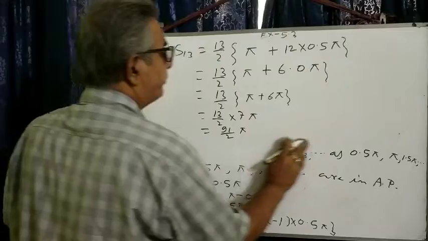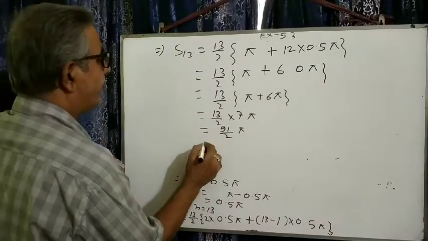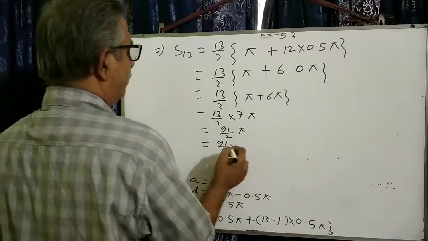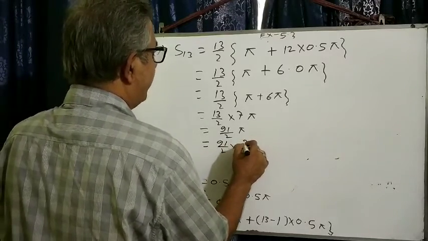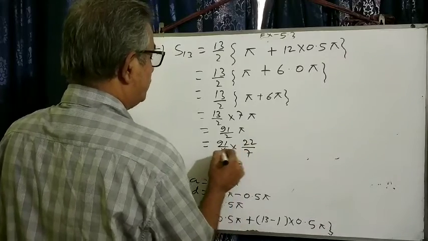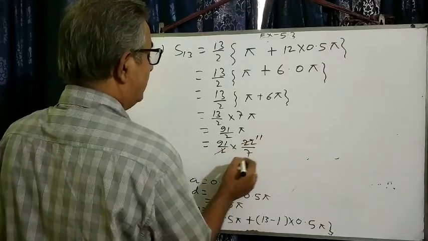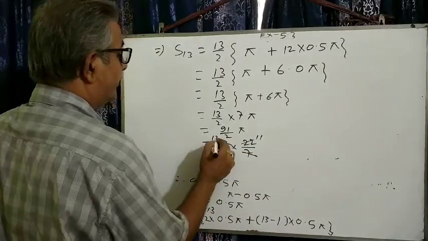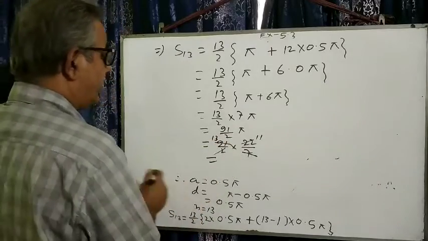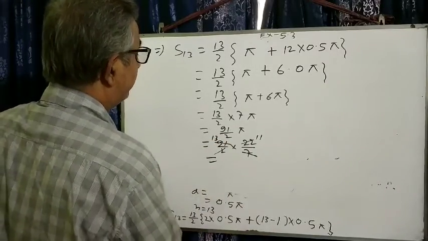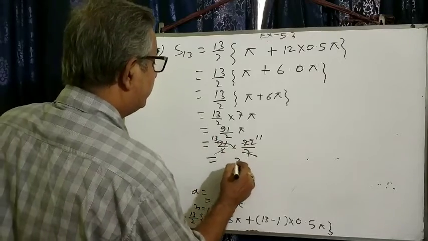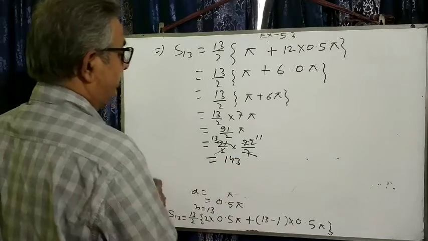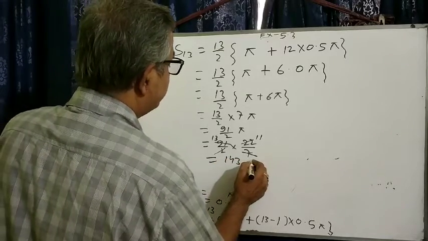Instead of pi, in the last you can write pi's value, 22 by 7. Cancelling, 13 into 11 gives 143, and in this way you write centimeter.